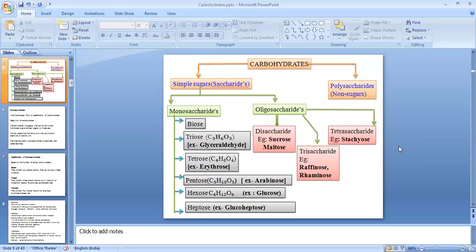They are crystalline in nature, freely soluble in water, and have a sweet taste.